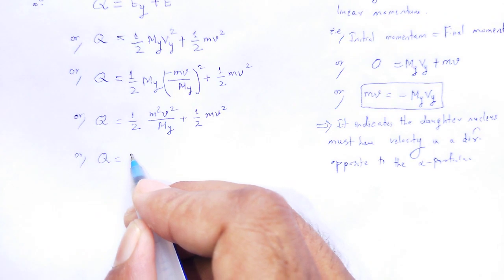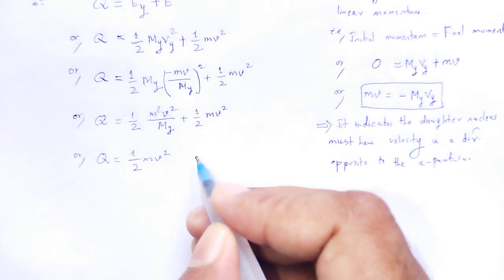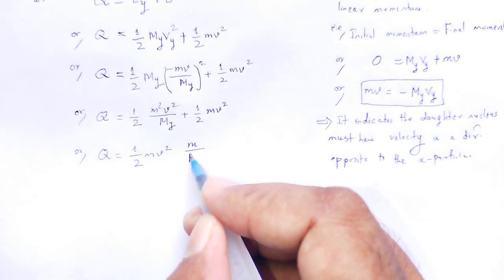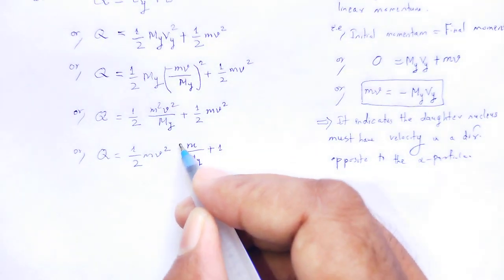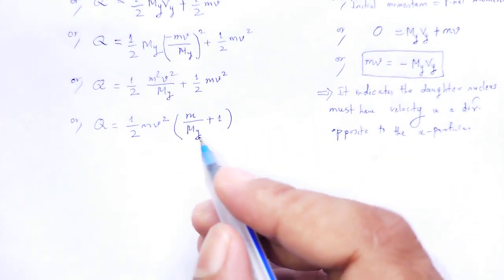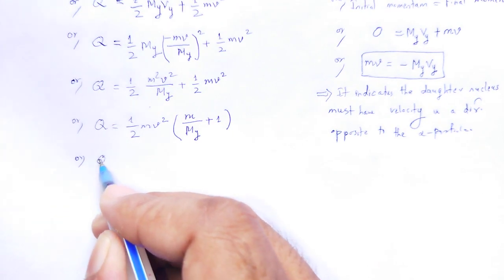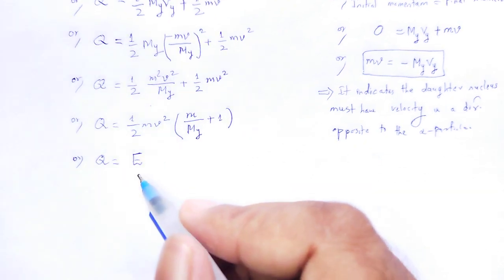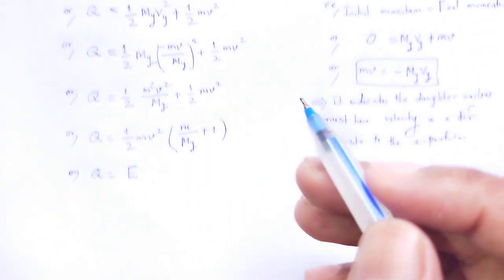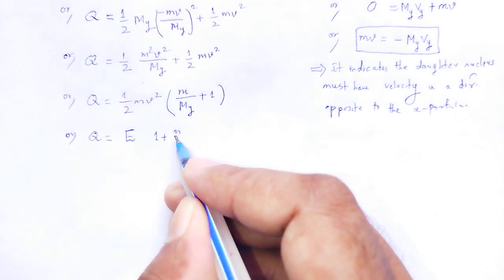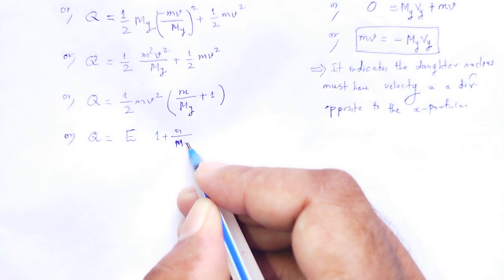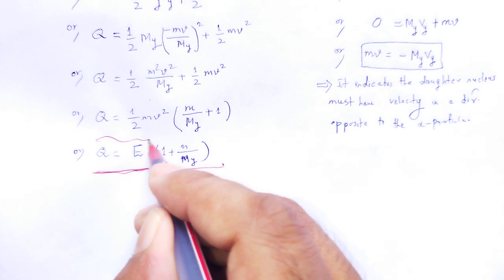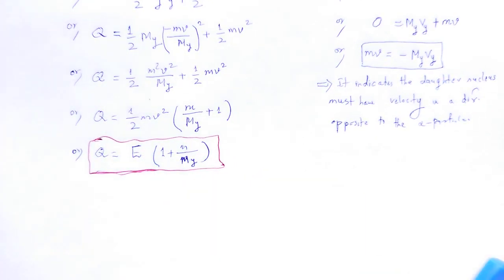Here we can take common half m v square. So we have m divided by My plus 1. Or Q is equal to E, the kinetic energy of the alpha particle, times 1 plus m divided by capital My. So this is the energy released in terms of the kinetic energy of the alpha particle.